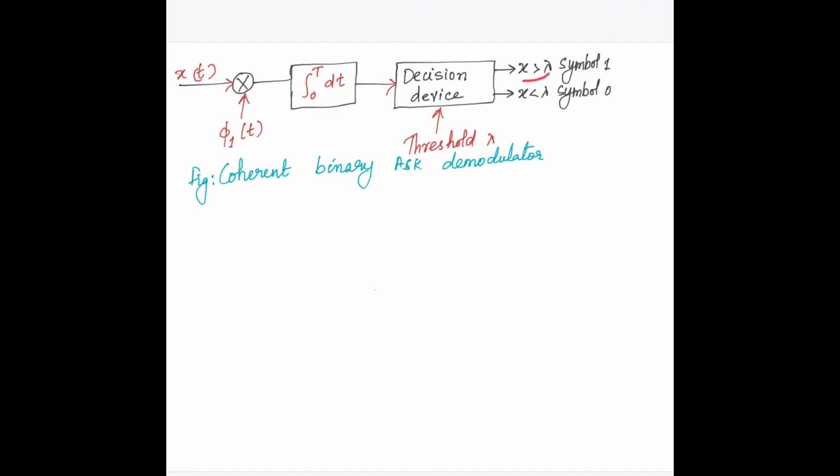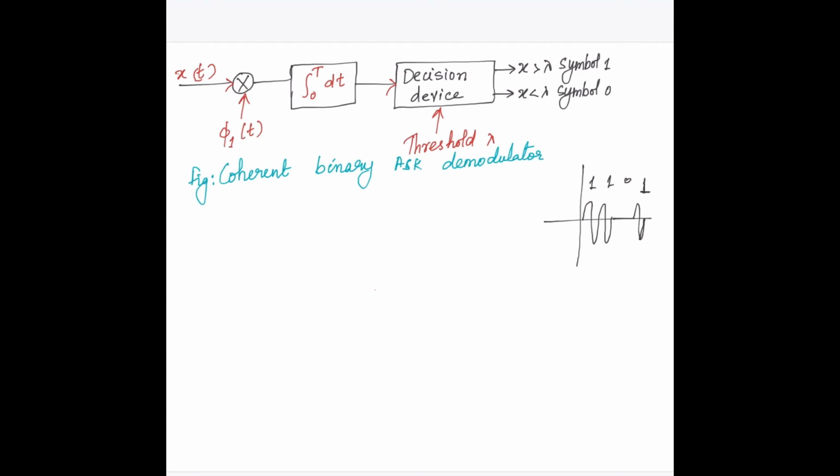If x is greater than lambda, the receiver decides in favor of symbol 1, and if x is less than lambda, the receiver decides in favor of symbol 0. So the final ASK output will have a signal for 1 and no signal for 0.